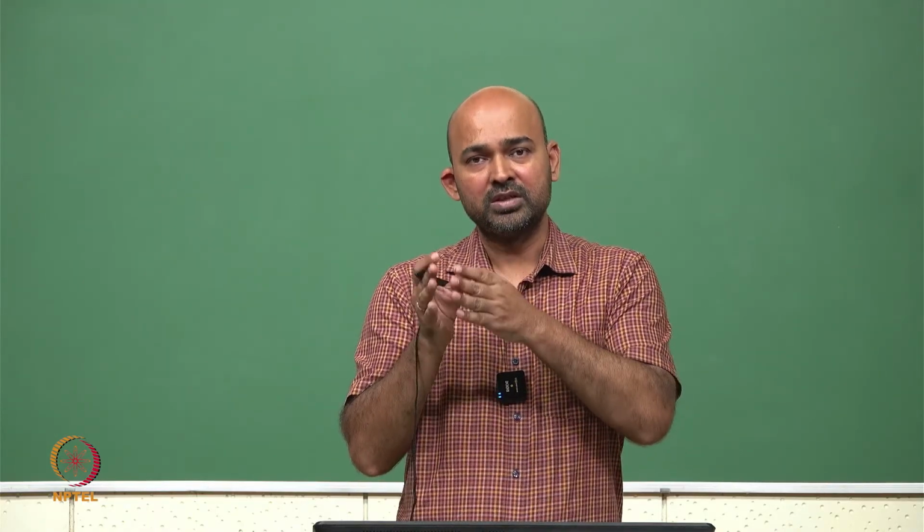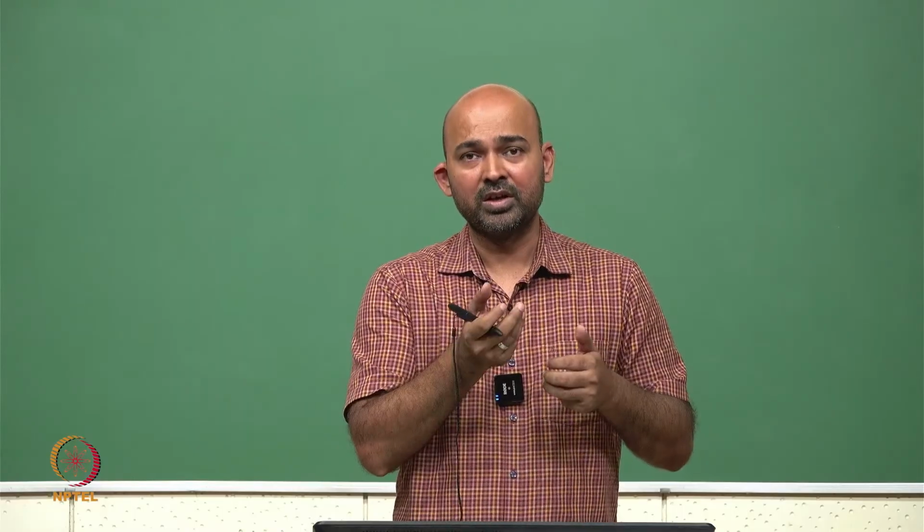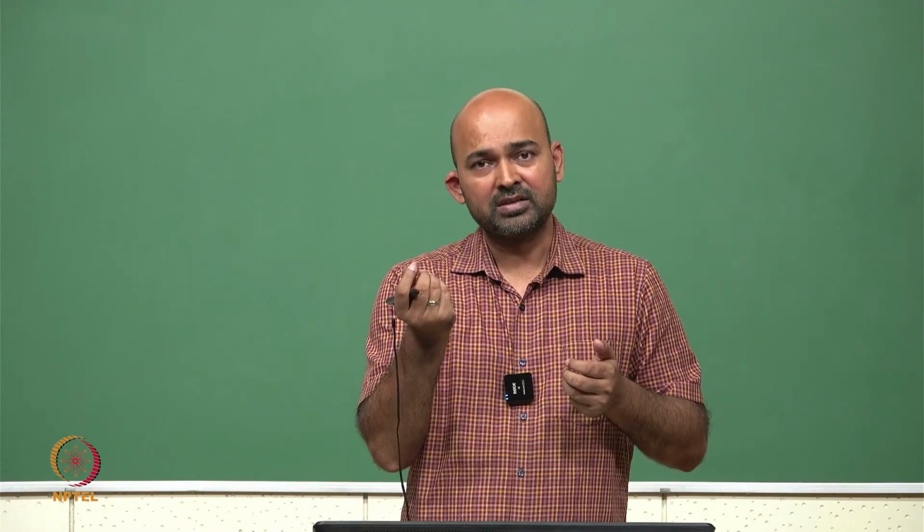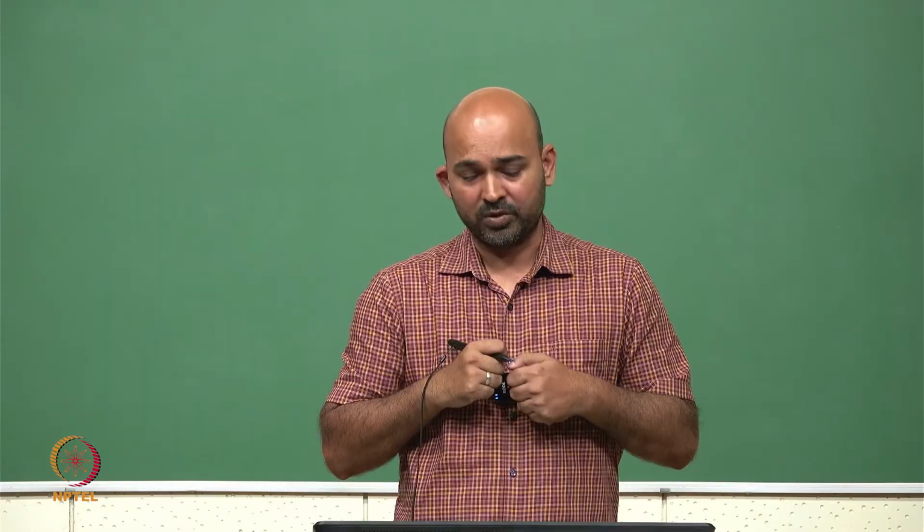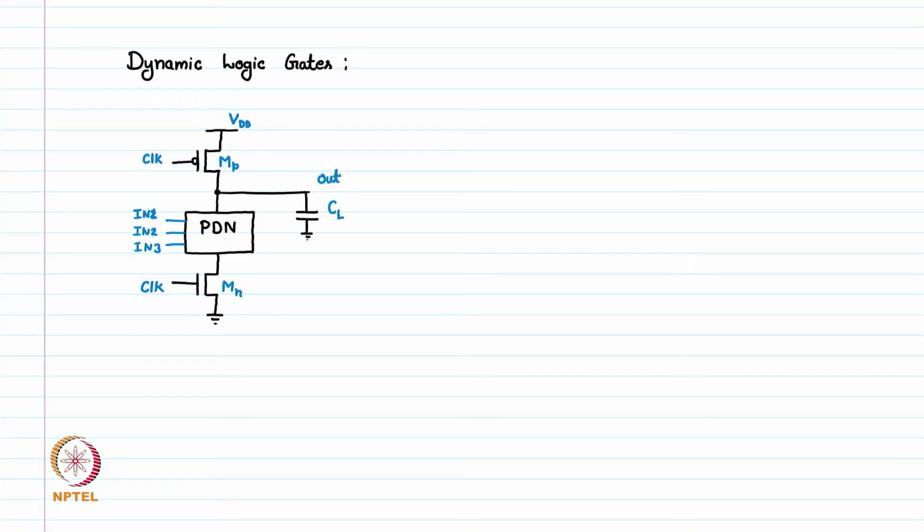If the output is 0, it means the pull down network is turned on and this capacitor will discharge to ground. So this is how dynamic logic gates work. Now let us see through a circuit how it looks in actual implementation.